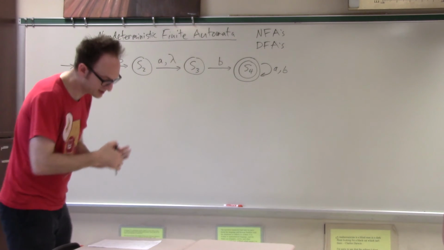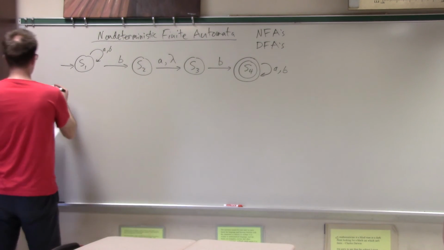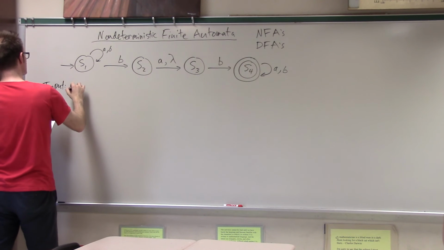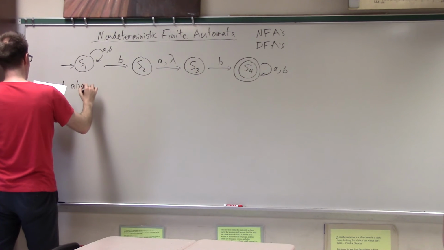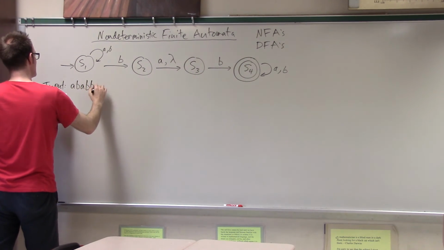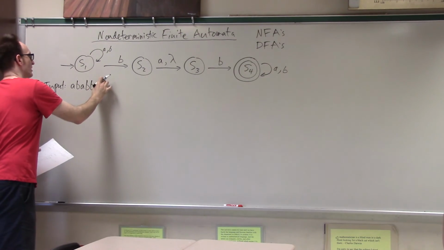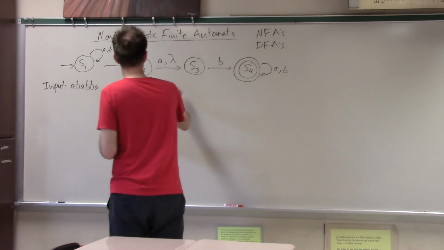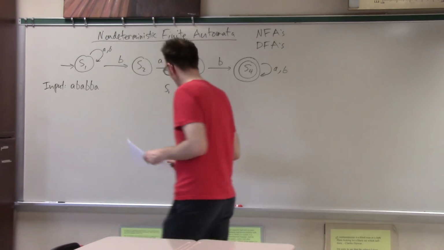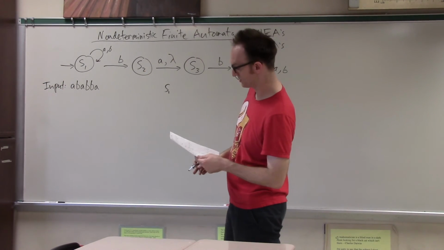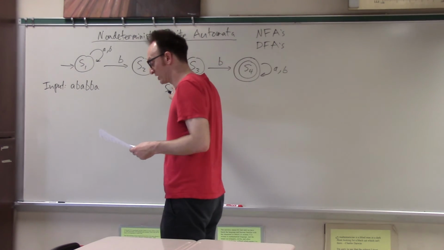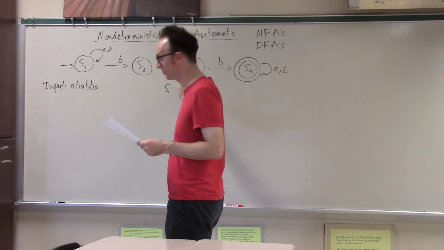Alright, to really understand what's going on, we should trace through what happens given some input. So take the input A, B, A, B, B, A, and let's track what happens. I start in state S1, and immediately to the right of the state that I'm in, I will mention the characters left to process.